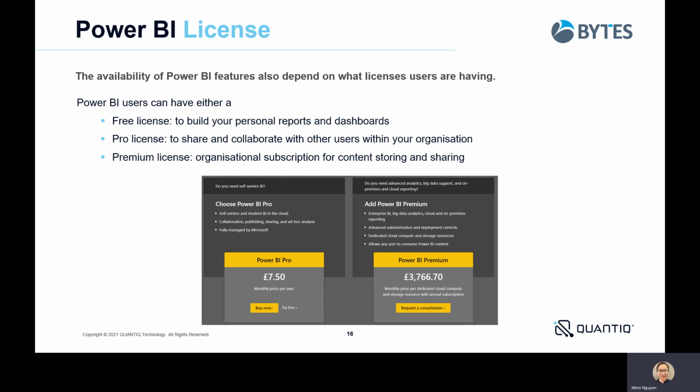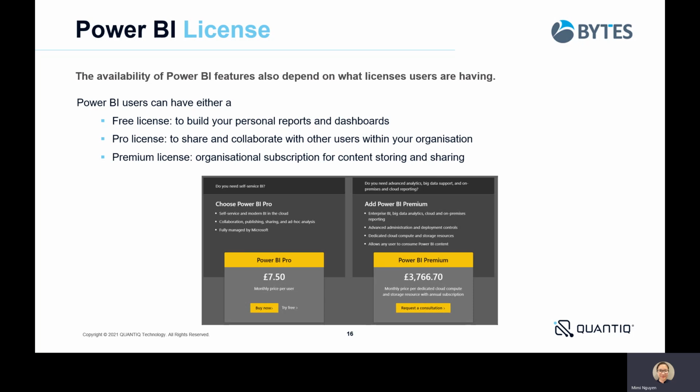If you have only got the E5 or Pro license aside, then it's going to be about £7 a month, which is not bad either for premium capacity. So those are the key features of Power BI Desktop, Power BI Service, and Power BI License.